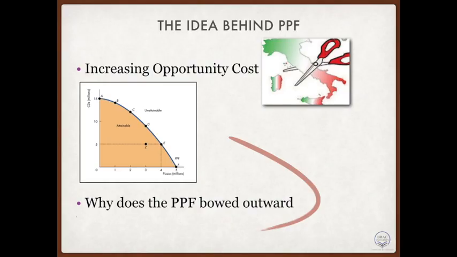Provided they have limited resources, just as the PPF is trying to show us, that we live in scarcity with limited resources, Italy has to give up some resources from CD production and transfer them to pizza production. Now remember, I told you in the beginning, the top part of Italy is just for CDs and the bottom part is only for pizza production.